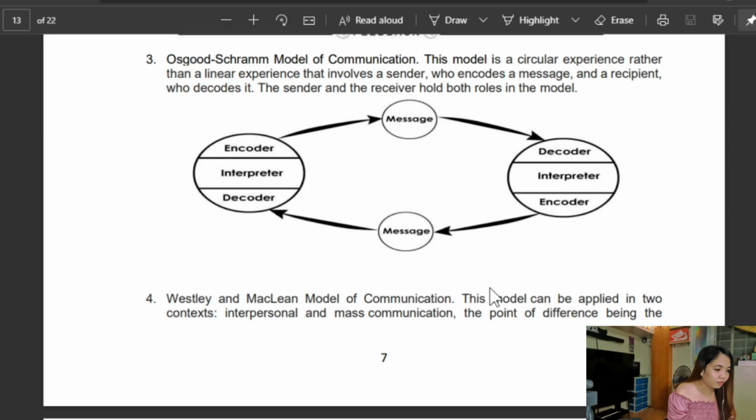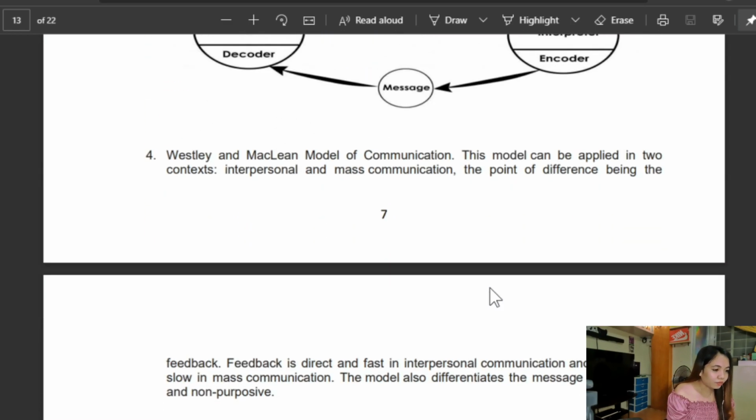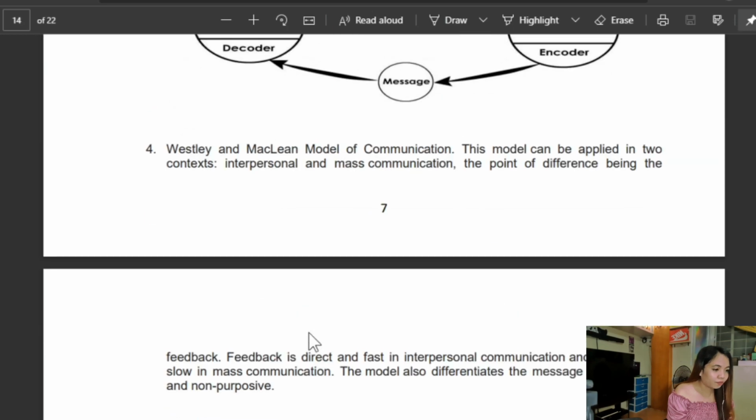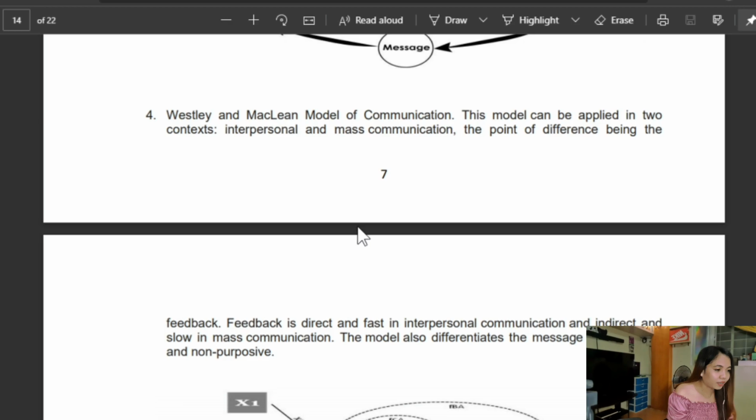Okay. Next, let's go to the fourth model. So we have the Westley and MacLean model of communication. This model can be applied in two contexts, interpersonal and mass communication. The point of difference being the feedback.